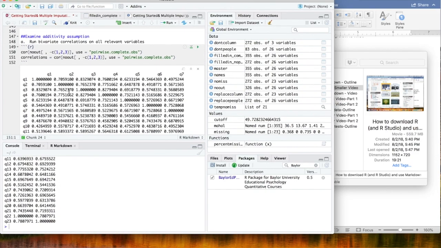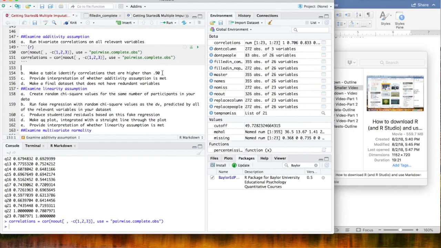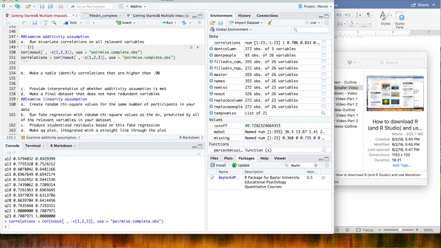So if you run this, you get all these bivariate correlations. If you run the second line of code, we're basically going to make a variable called correlations, because this helps us make a table.